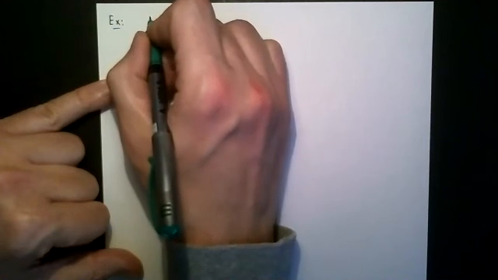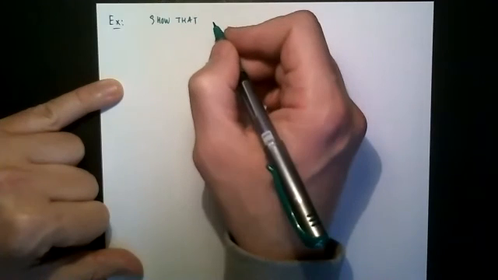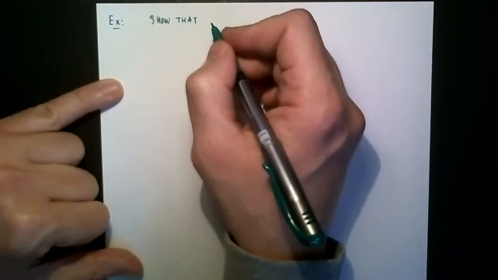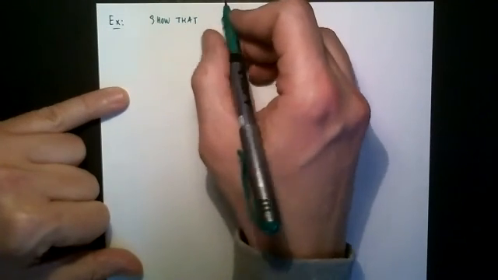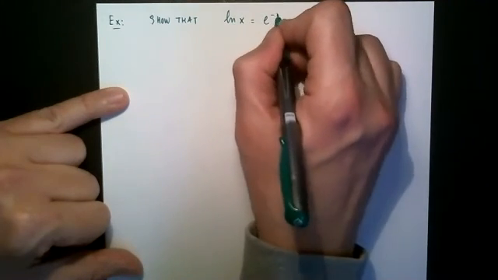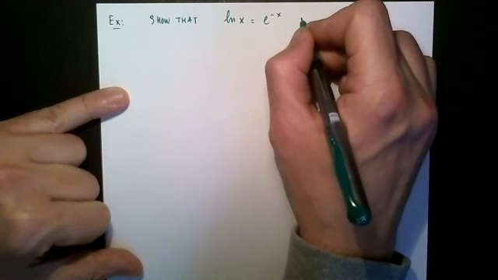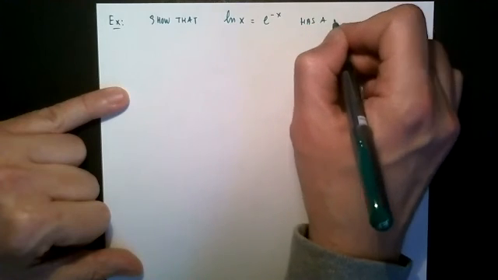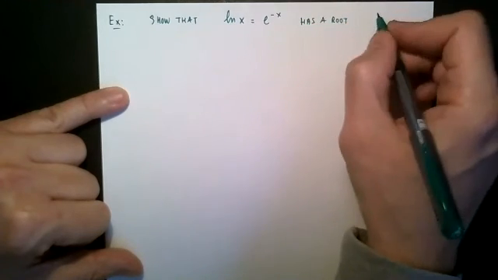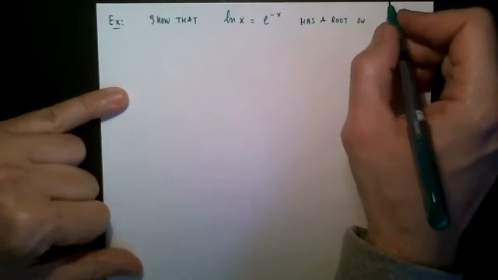Show that ln x equals e to the negative x. So here's an ugly one. Has a root on interval 1, 2.